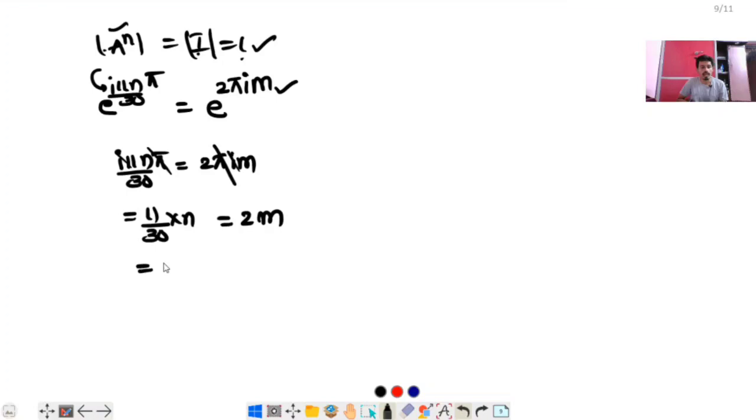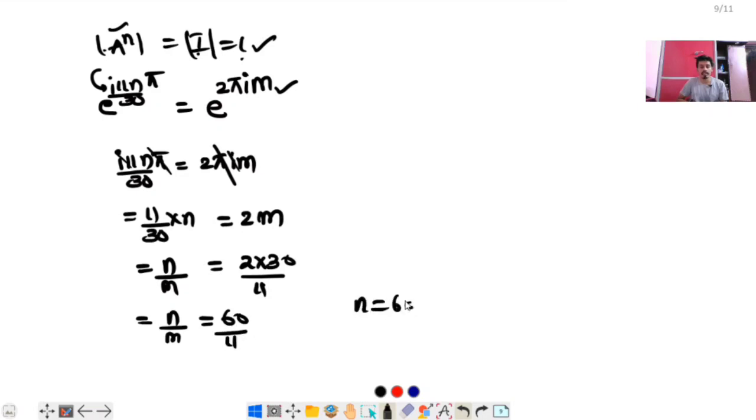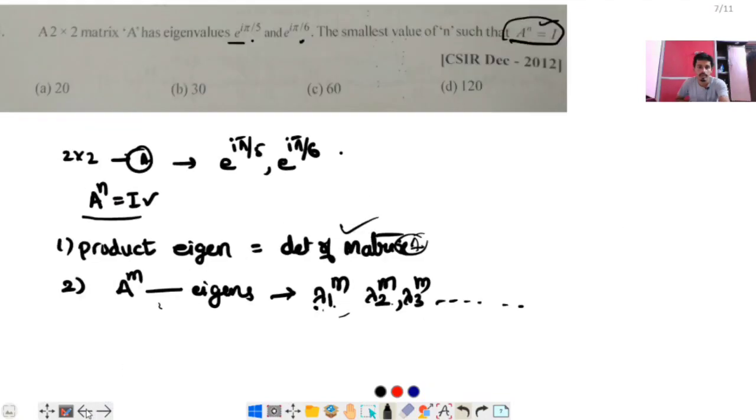Now n by m is equal to 2 into 30 by 11, so n by m is equal to 60 by 11. Means n is equal to 60. This is the answer. Option C is the correct one.